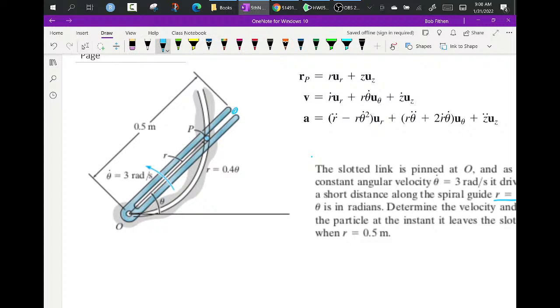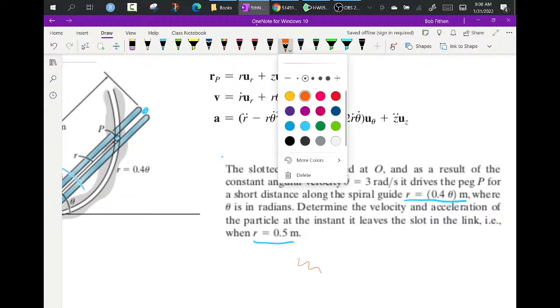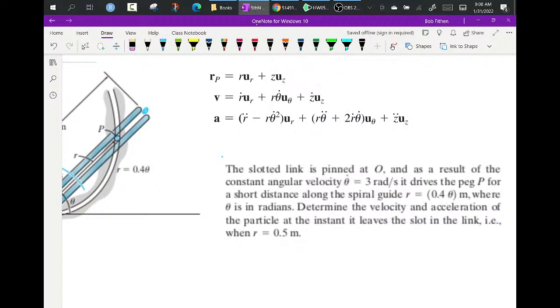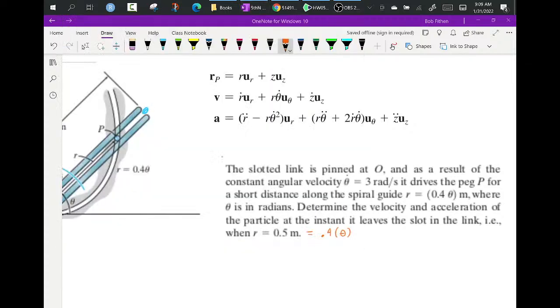It leaves this part at r equal to that. So this is kind of a backhanded way of doing things. Let's see. When r is equal to a half, then I did not start Octave here.